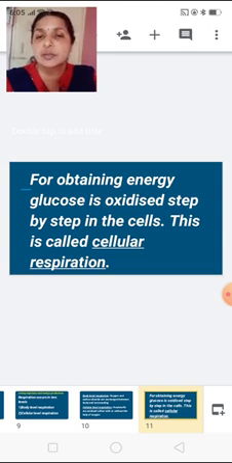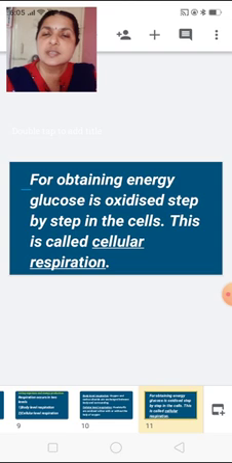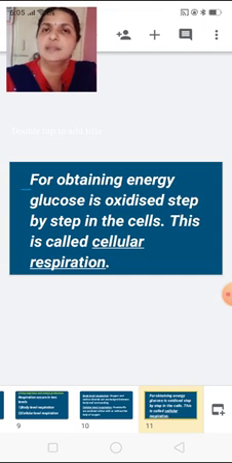What happens inside the cell is that the glucose is oxidized step by step. This is called cellular respiration. So if it comes in the exam, what is cellular respiration? You can write: glucose is oxidized step by step in the cells. This is called cellular respiration.